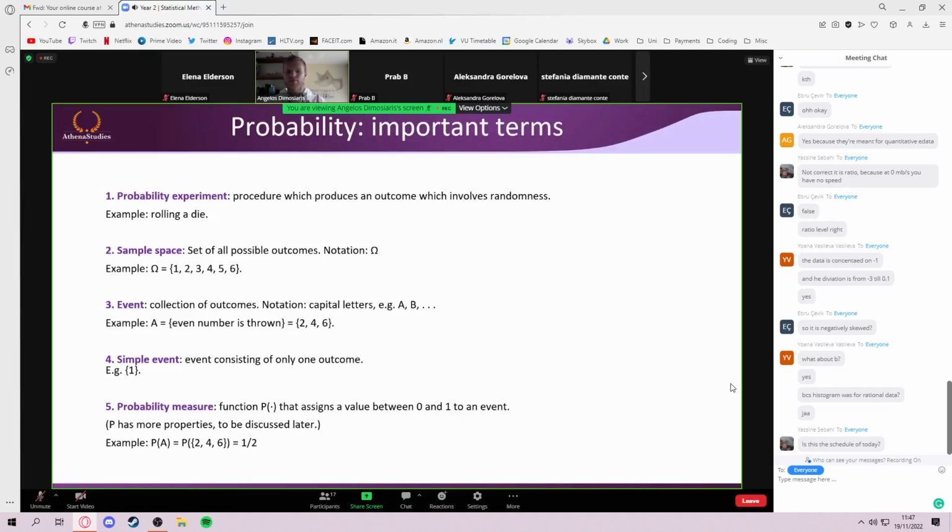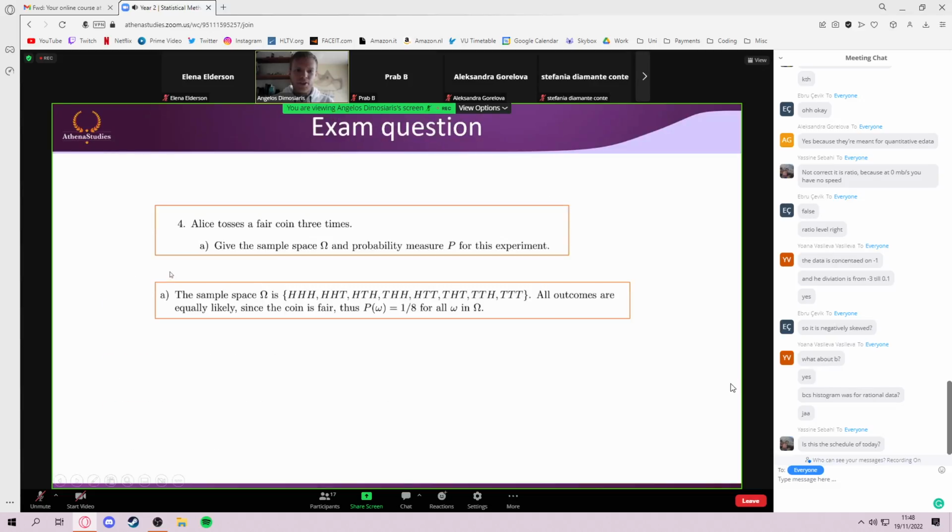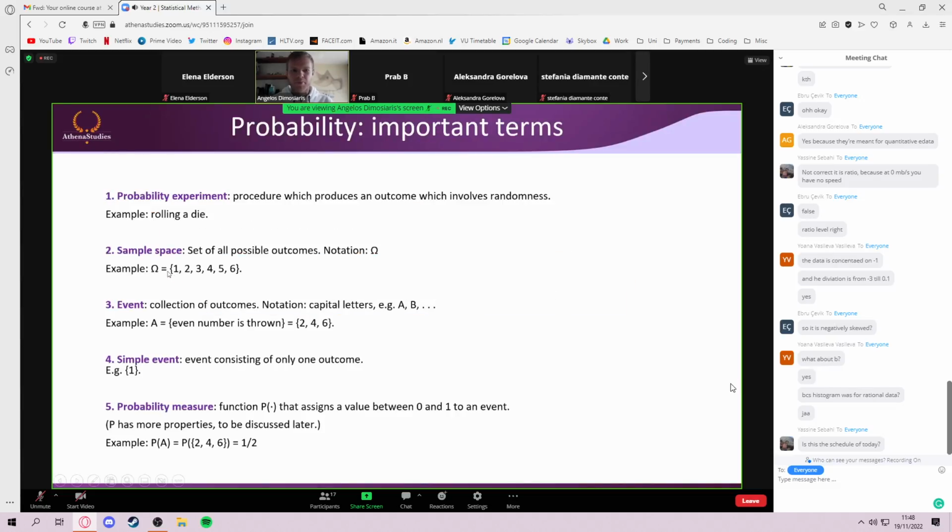You can get 1, 2, 3, 4, 5, 6. So what's my sample space? Omega equals, in brackets, 1, 2, 3, 4, 5, and 6. That's my sample space.